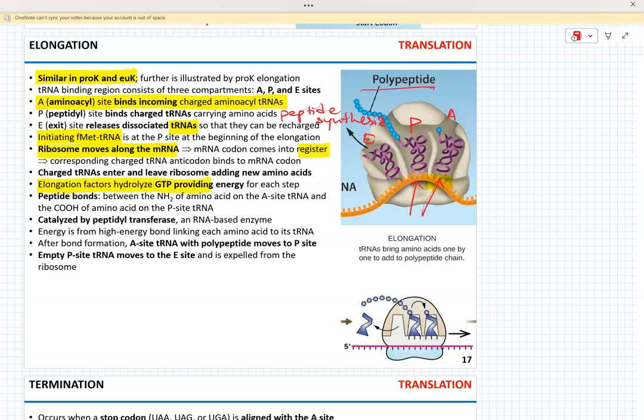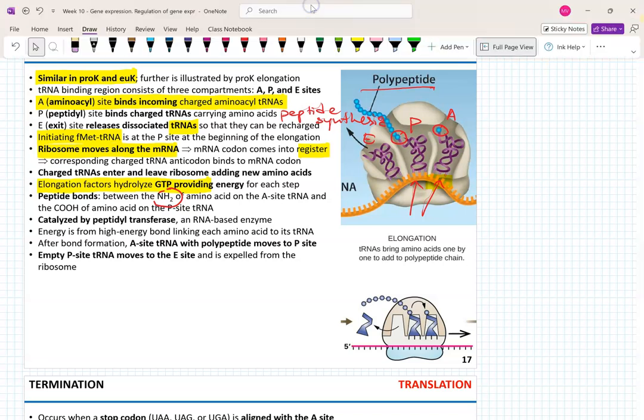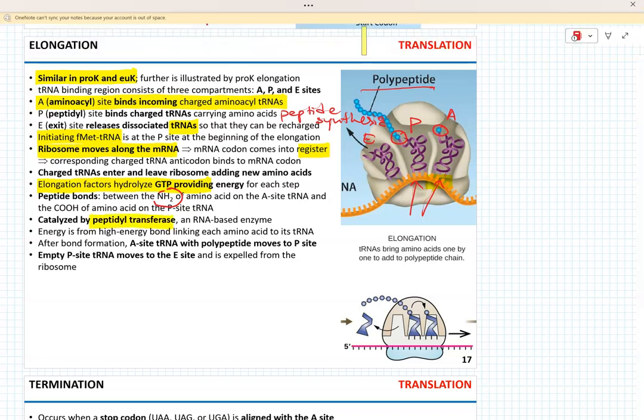During the formation of the peptide bond, the amino group of the amino acid in the A site interacts with the carboxyl group of the amino acid in the P site, and this process is catalyzed by the enzyme called peptidyl transferase. What's interesting about that enzyme is that peptidyl transferase is actually a ribosomal RNA, not a protein.